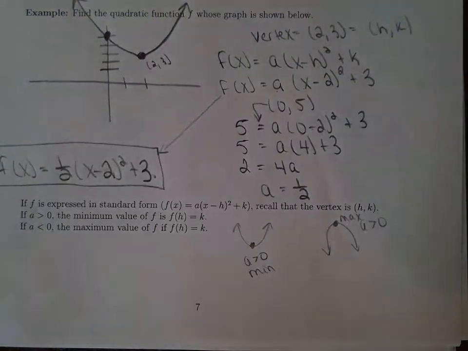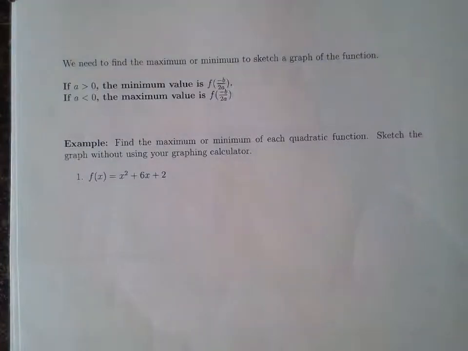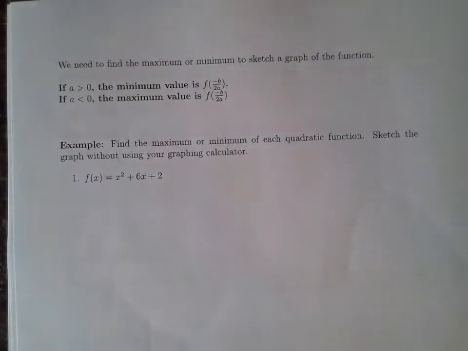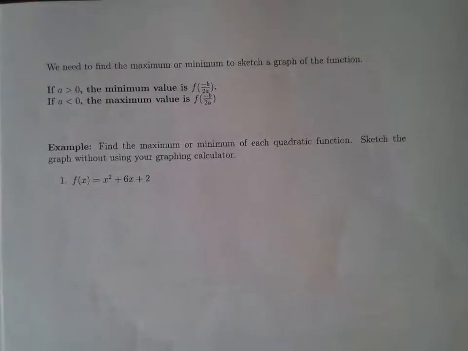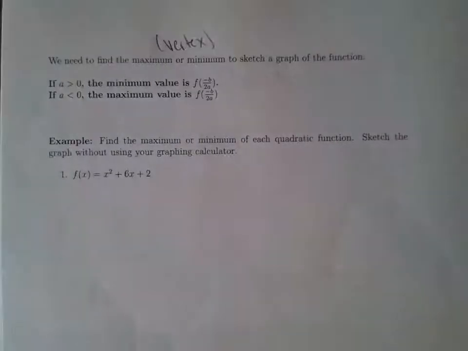On page 8, we're going to look at how we sketch these graphs if we're not given standard form, which is almost always the case. We need to find the maximum or minimum, which is the vertex of a quadratic function, to sketch the graph of the function. We have a formula for this, which I suggest memorizing. If a is greater than 0, the minimum value is f of negative b over 2a.